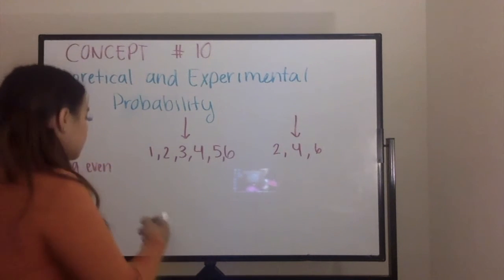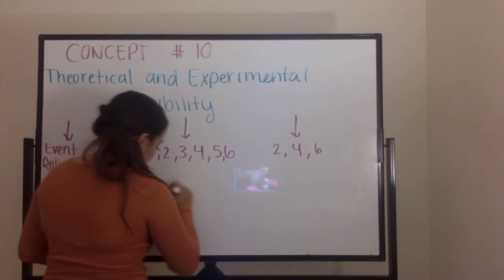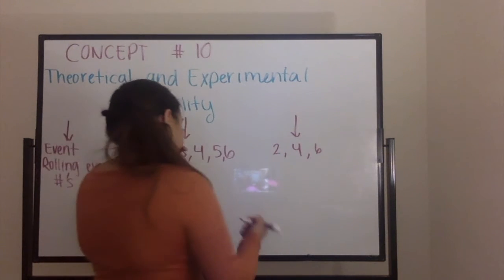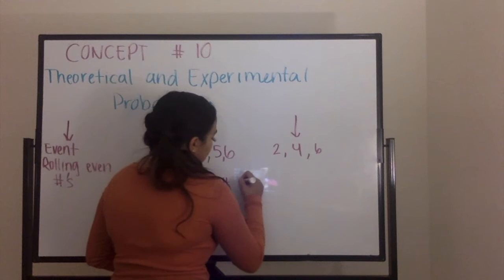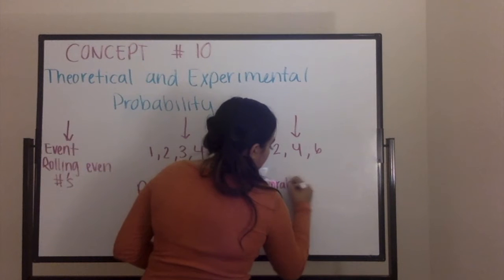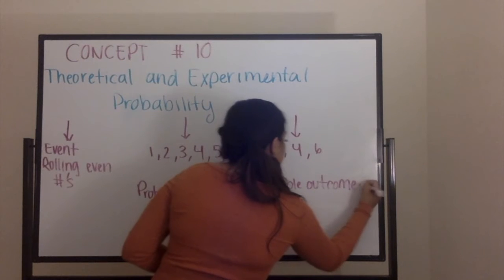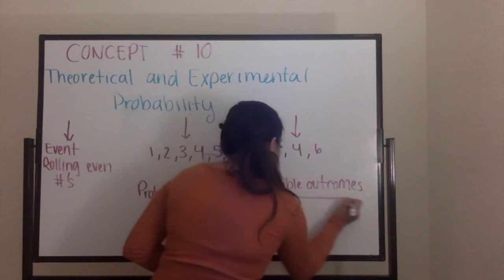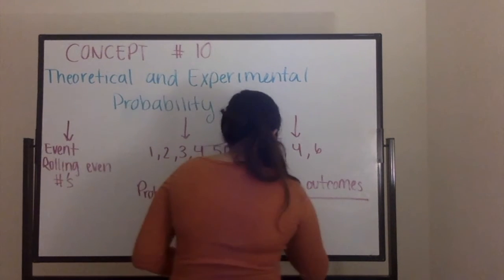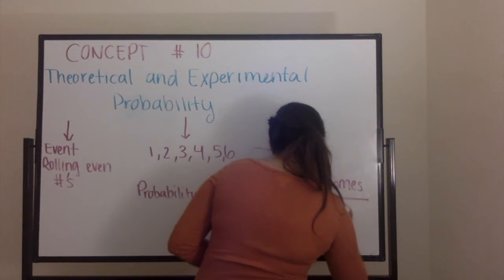The probability is equal to the number of favorable outcomes divided by the number of possible outcomes.